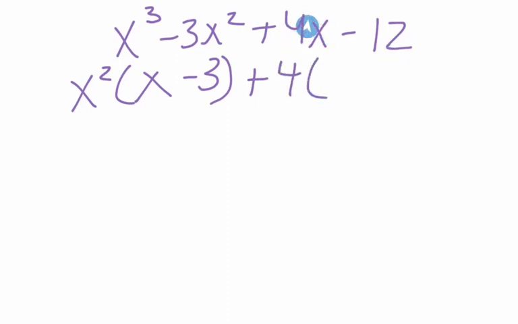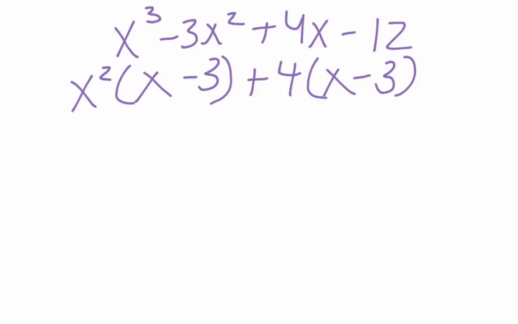If I take out 4 from 4x, I'll be left with an x. And if I factor out a 4 from the negative 12, I'll be left with negative 3. And our parentheses match. Now, if you do this and the parentheses don't match, either you have done something wrong or it's a strategy that doesn't work. No biggie. Now we have a common factor of x minus 3.